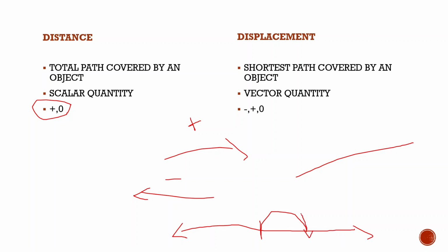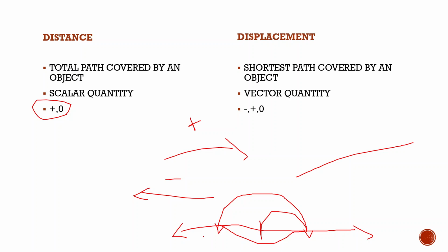Again from the 5th kilometer, you're moving back to 10 kilometers. Okay, so this measure is 10 kilometers. So what is your distance? 10 plus 5, 15 kilometers. Whereas displacement is 10 kilometers positive, then another back 10. So it is in the negative.